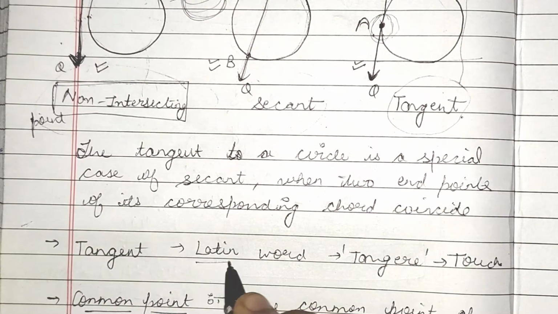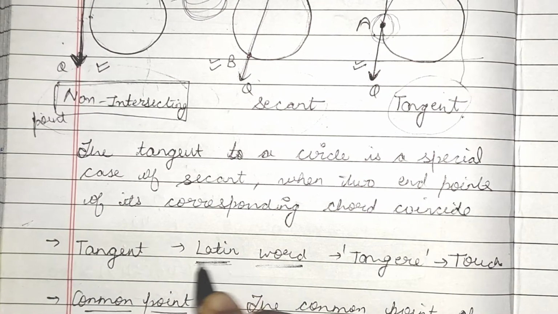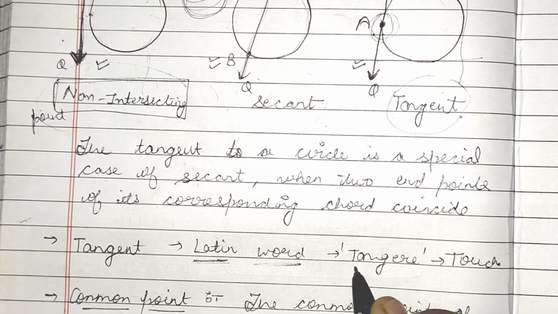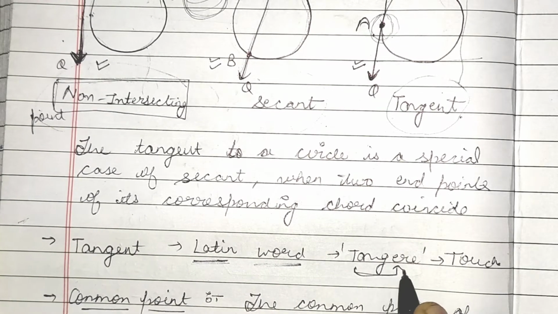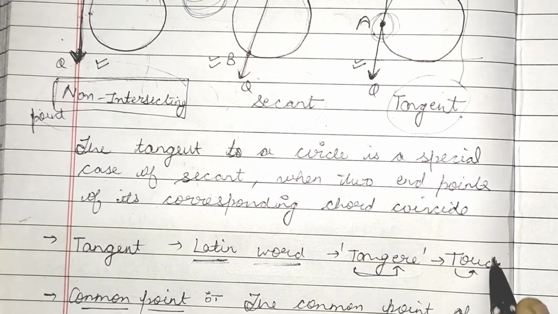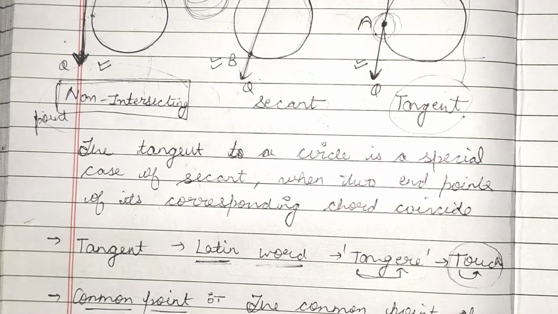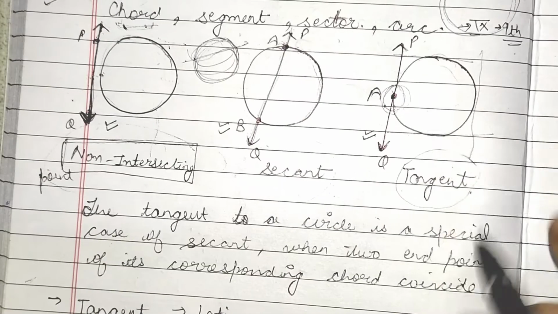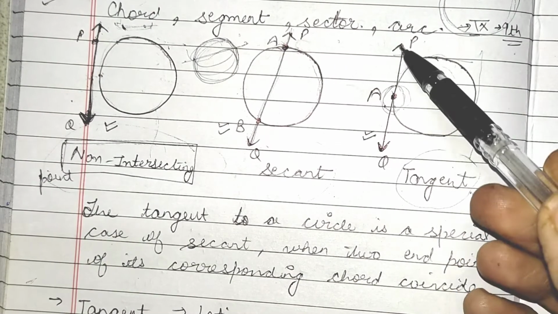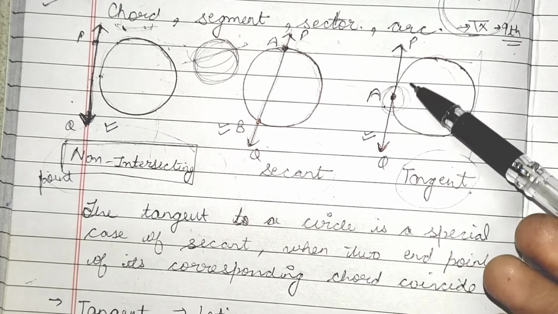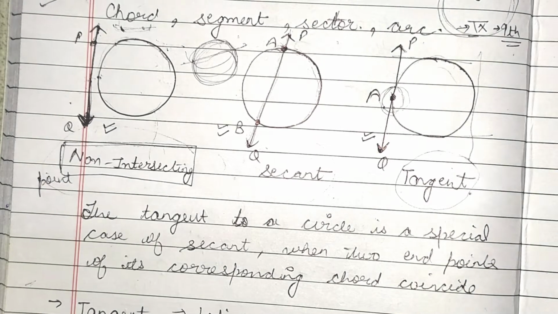Tangent is a Latin word, from tangere, which in English means touch. That's why, if the line is touching the circle at a single point, it is called a tangent.